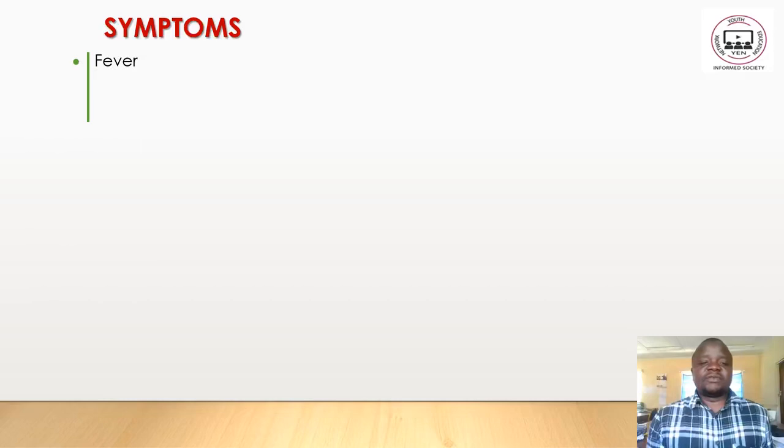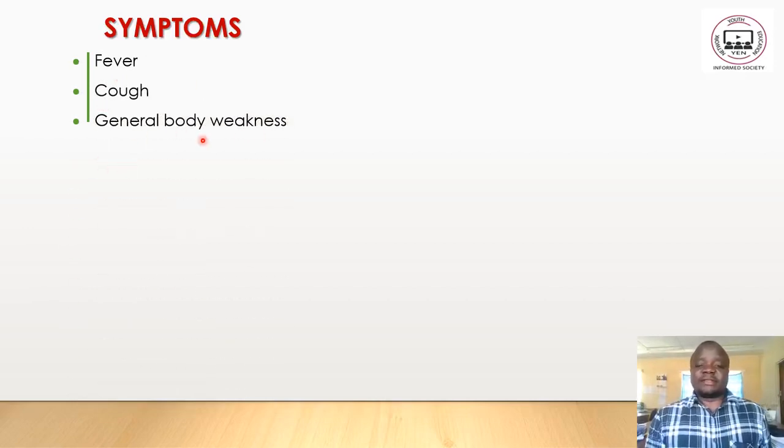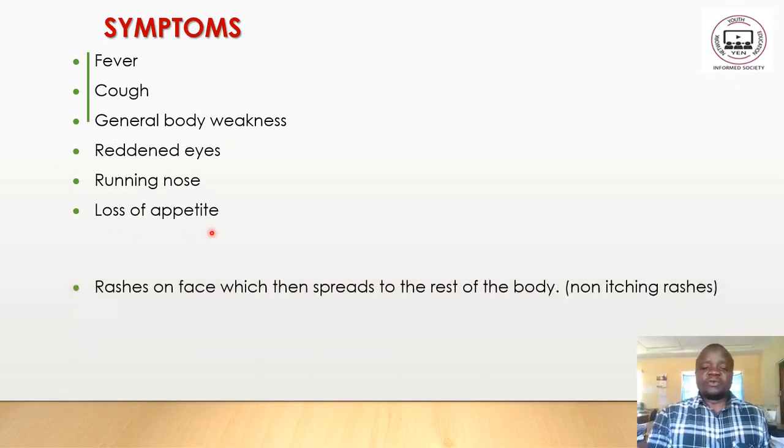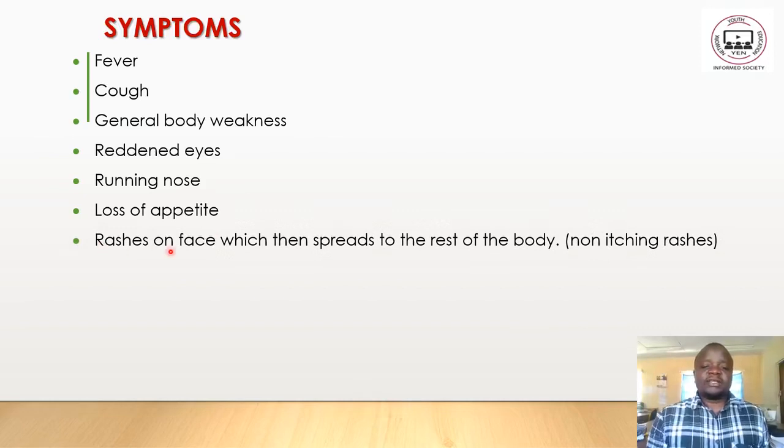Symptoms of measles: a patient feels fever, feels cough, general body weakness, reddened eyes. The eyes look very red. There is running nose, loss of appetite for food, rashes on the face, which then spread to the rest of the body.